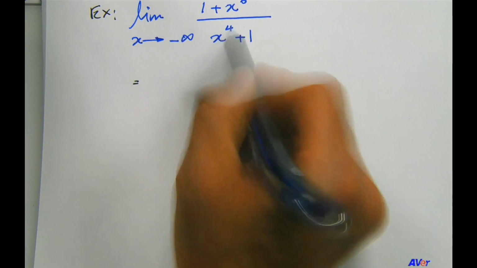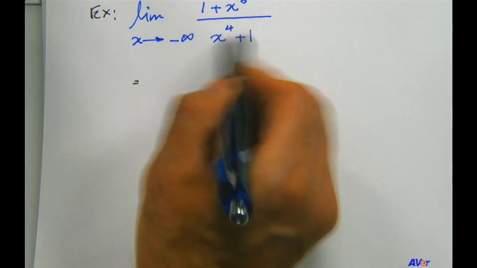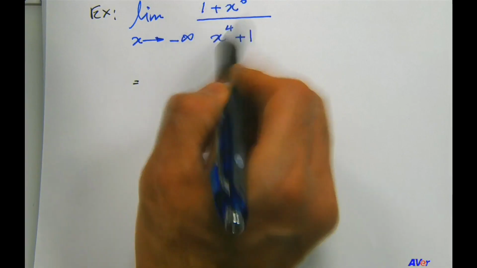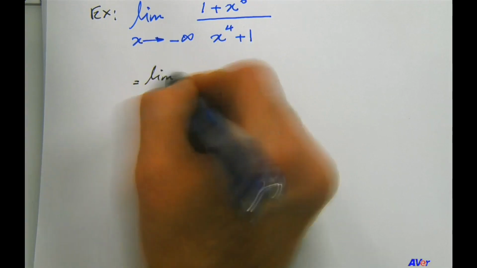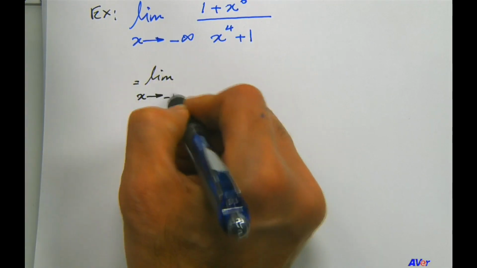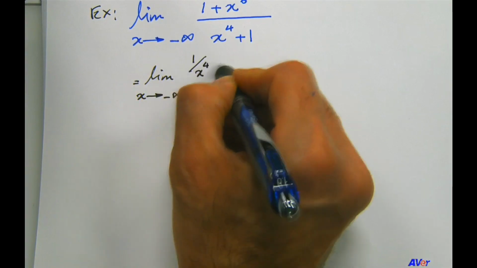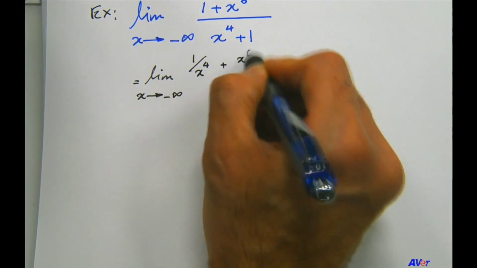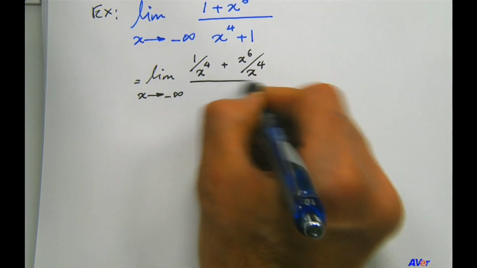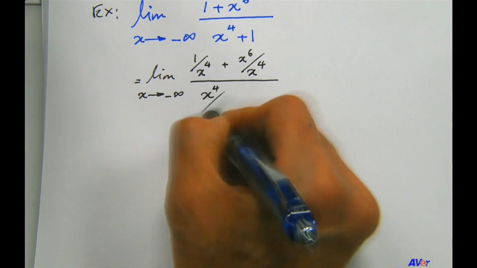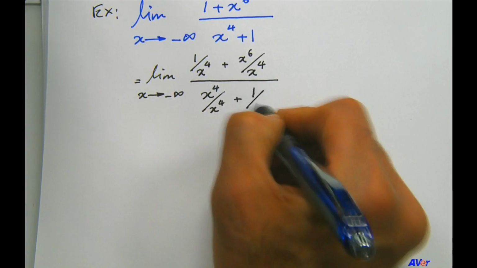It's x to the 4th, right? So now we want to divide each term in this rational function by x to the 4th. So the limit as x approaches negative infinity, we have 1 divided by x to the 4th plus x to the 6th divided by x to the 4th, divided by x to the 4th divided by x to the 4th plus 1 divided by x to the 4th.